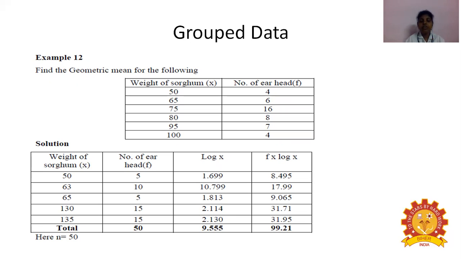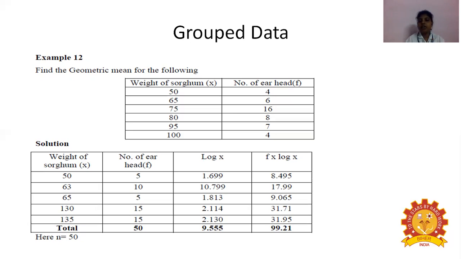Next, third value, 5 into 65 into 1.813 equals 9.065. Next, fourth value, 15 into 130 into 2.114 equals 31.71. Finally, 15 into 135 into 2.130 equals 31.95.